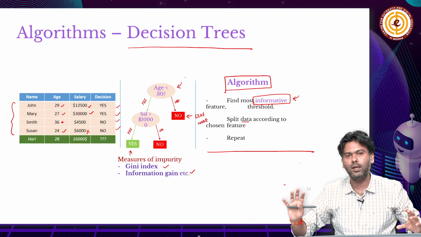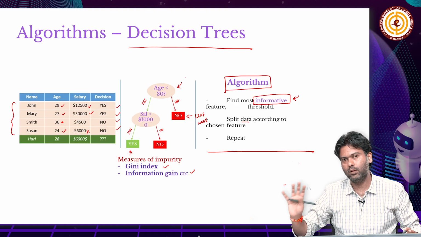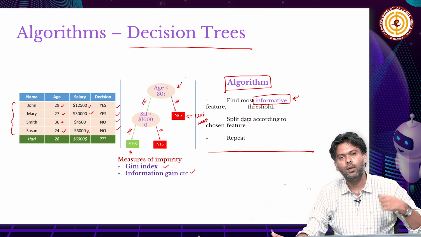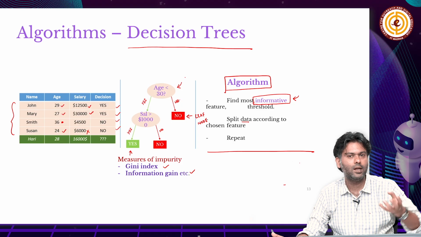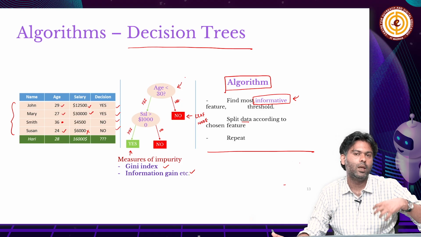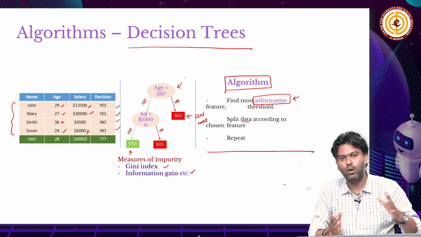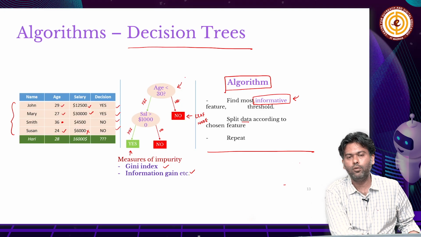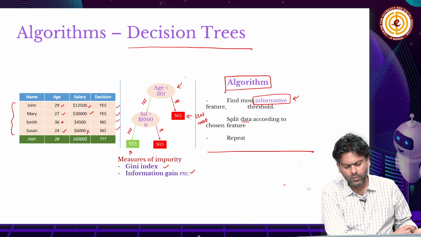If it's a pure data set, that is, if all the labels on this data set match, you stop asking questions, otherwise you further refine this part of the data set by asking more questions. And you repeat this as long as you need, such that the data set becomes pure in the leaf node for each of these leaves.